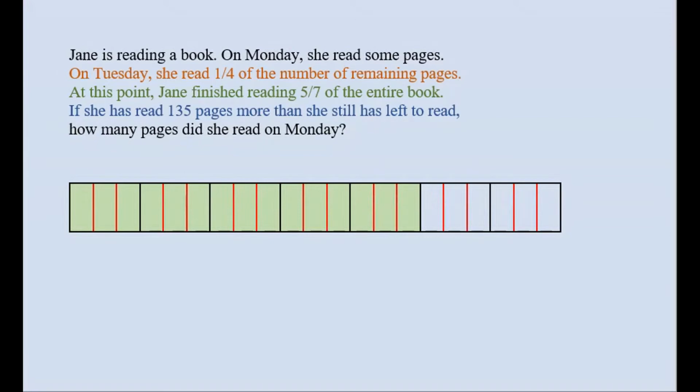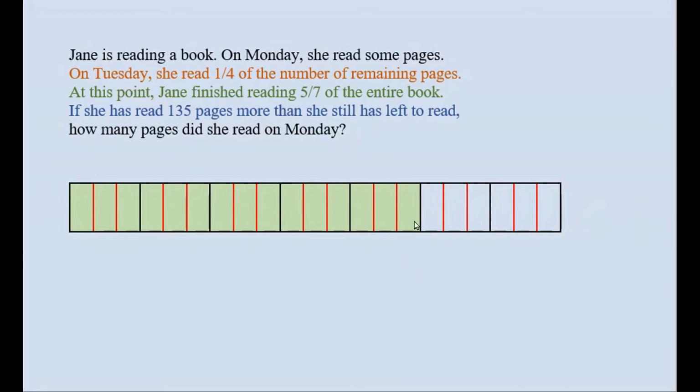What I did here, I took my original book represented by 7 equal blocks or cells, and I took each of those cells and split them further into 3 pieces. Why? Because when you read 1/4 of something, you left out 3/4 of that. So for every 1 page you read on Tuesday, 3 pages were left unread.